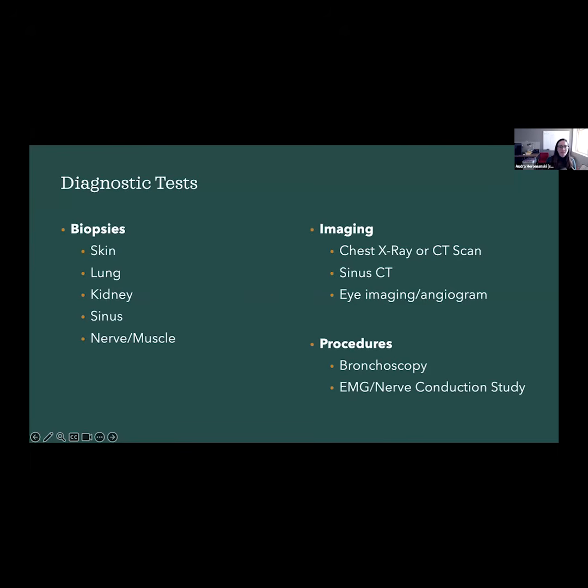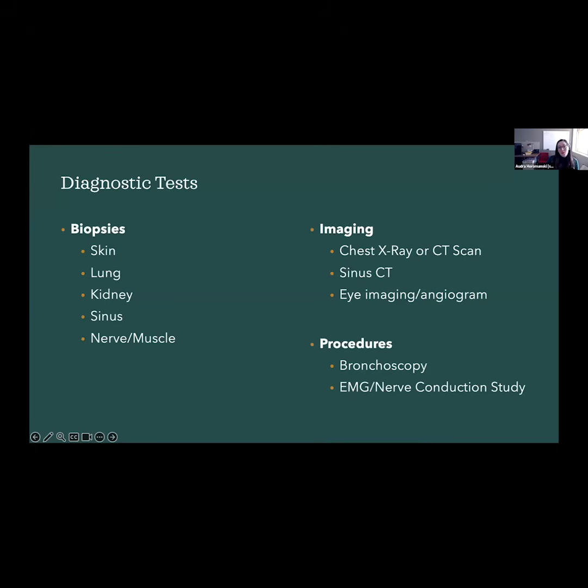We'll also frequently get CT scans of the sinuses, or if the eyes are involved, we'll do various types of eye imaging, like an MRI of the eyes, for example, or what's called a fluorescein angiogram, which looks at the retina, the back part of the eye.